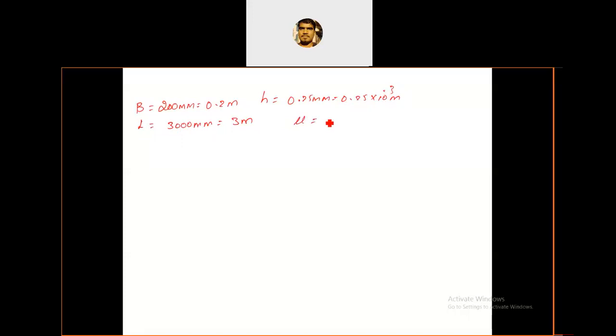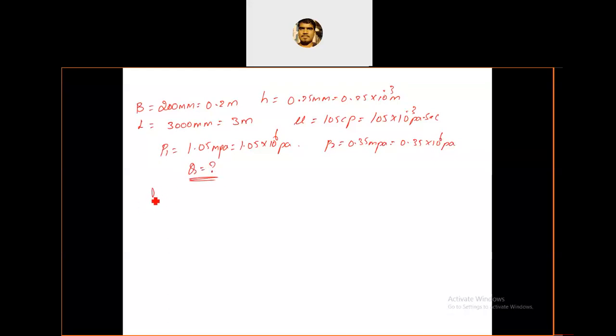Then viscosity 105 centipoise, that is 105 into 10 raised to minus 3 Pascal second. Okay, then the P1 value is 1.05 megapascal, that is 1.05 into 10 raised to 6 Pascal, and P2 is 0.35 megapascal, that is 0.35 into 10 raised to 6 Pascal, and you have to find out the flow rate Q.